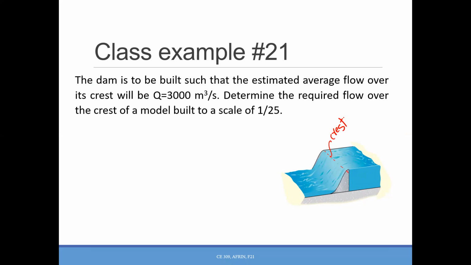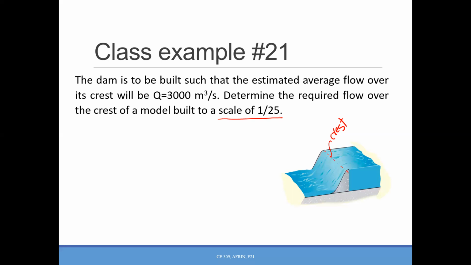Determine the required flow over the crest of a model built to a scale of 1 to 25. In this question, the actual flow was given, and you need to do a back calculation to find what flow they found when they did the testing on a model. And we know the scale ratio also, which is 1/25.